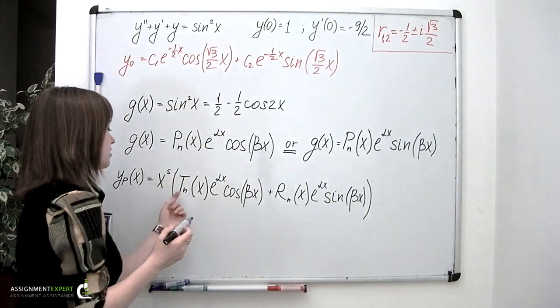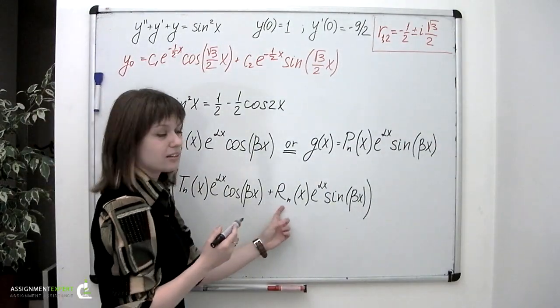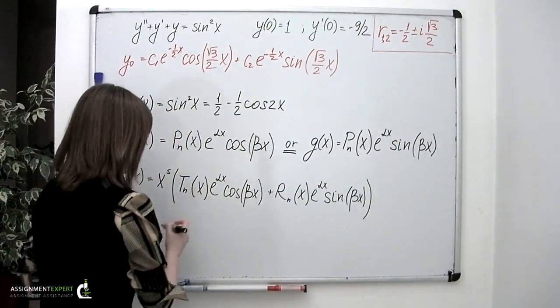where p sub n of x, t sub n of x, and r sub n of x are the polynomial functions.